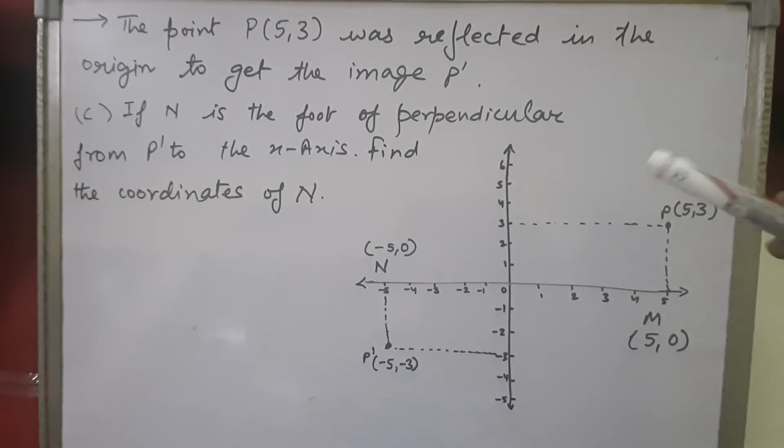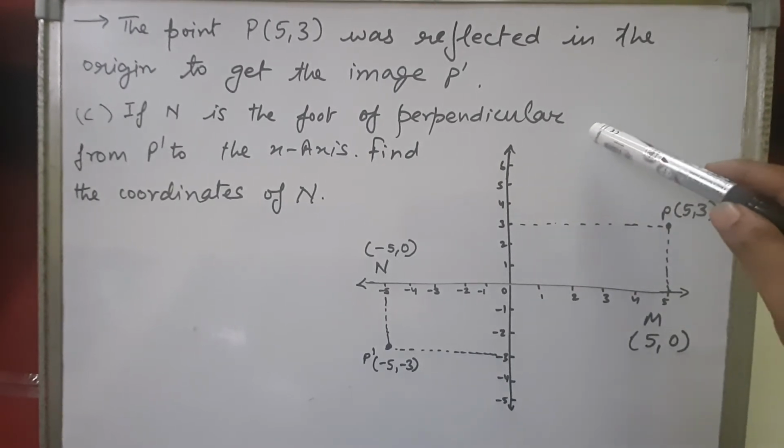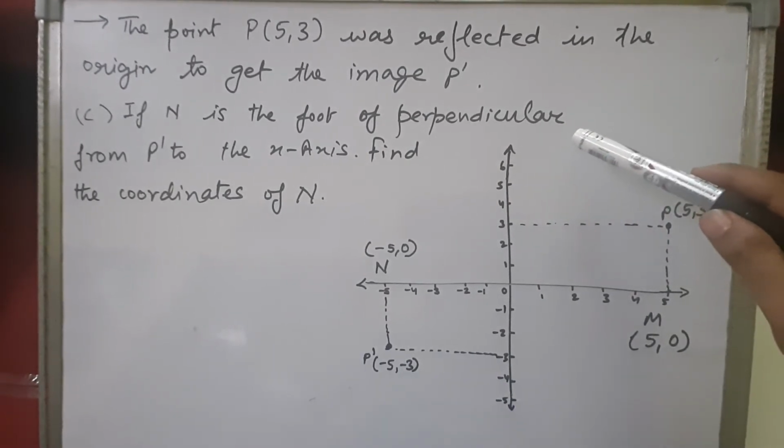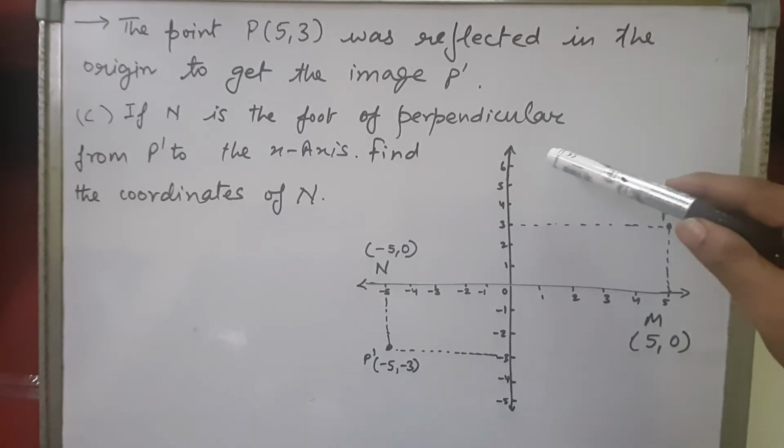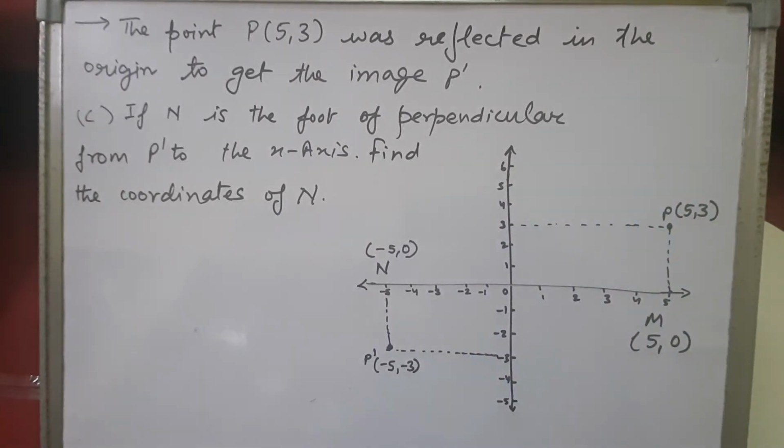Now let's see the third part. The question says N is the foot of the perpendicular from P dash to the x-axis. Find the coordinates of N. That means a perpendicular is drawn from the image P dash to the x-axis. This is the point P dash that we have formed after reflection of P in the origin, right? When P is reflected about the origin, we get P dash.